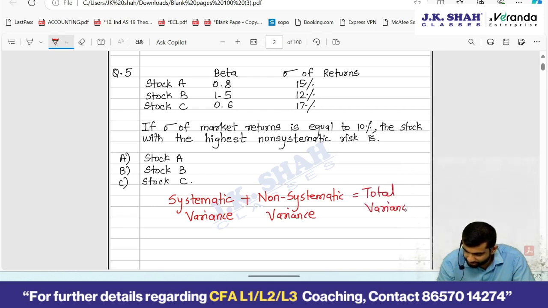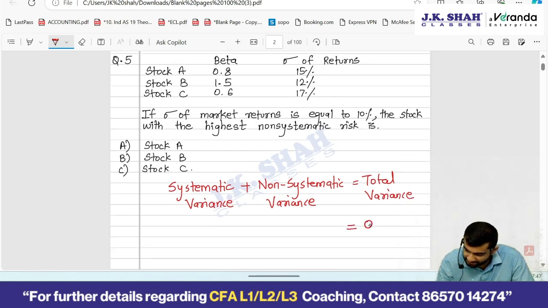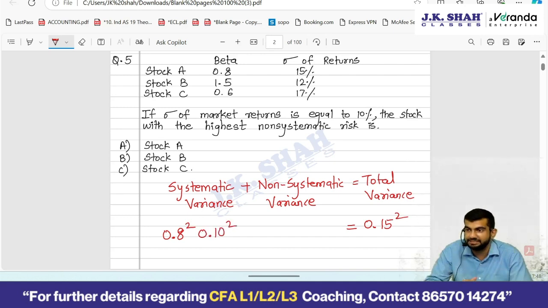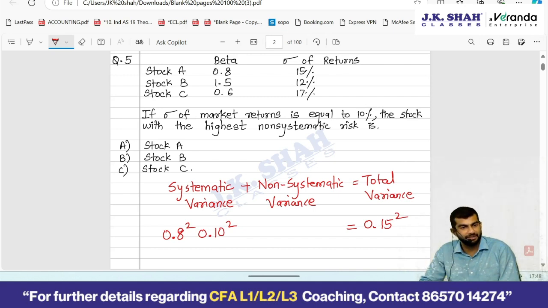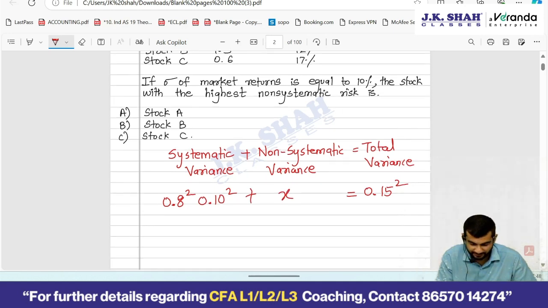Now let's do it for stock A. Total variance for stock A is standard deviation square, so 0.15 square. Systematic variance would be how much? 0.8 square into standard deviation of market returns is 10%, so into 0.1 square, because beta is responsiveness of the stock in response to the market movements. So don't forget to square it. So this X, non-systematic, that is what we have to find out.